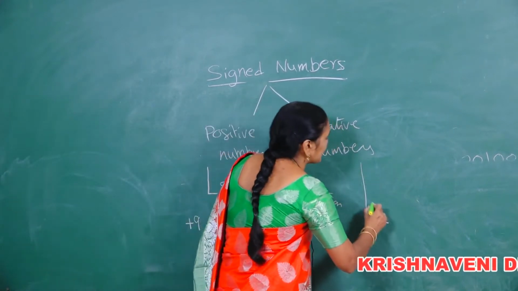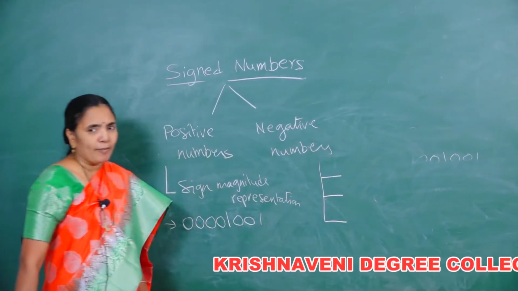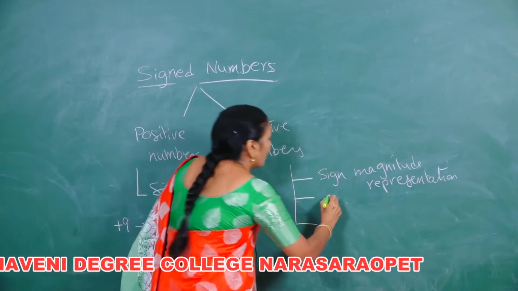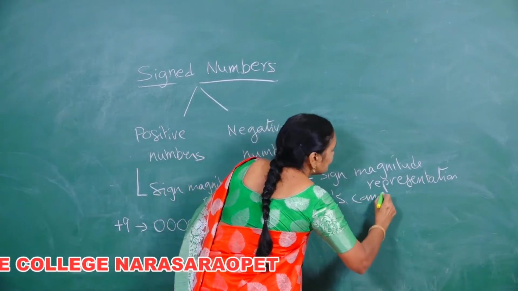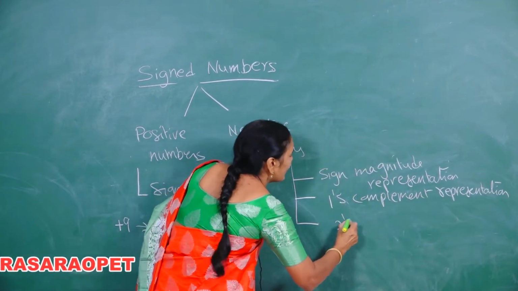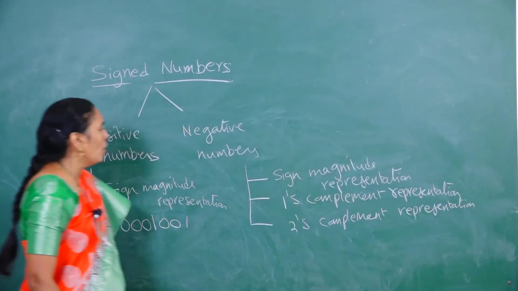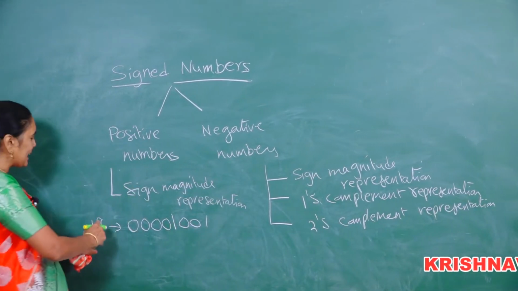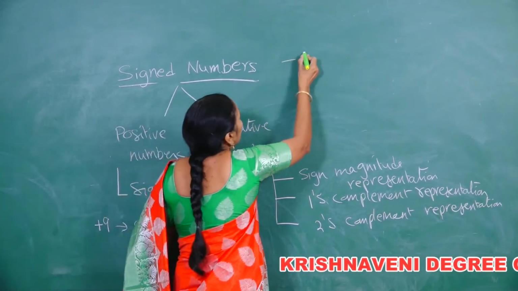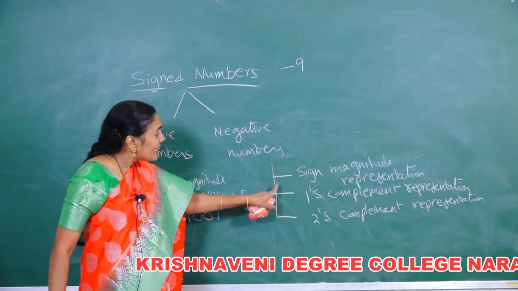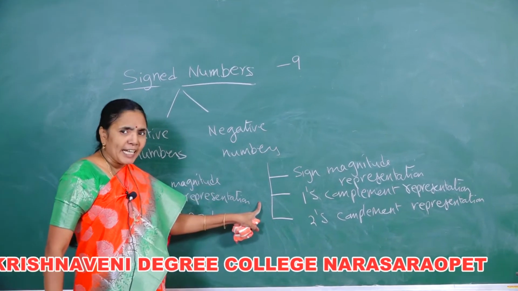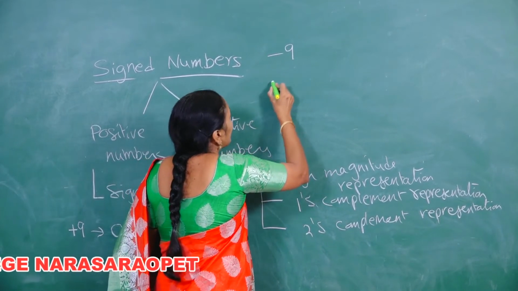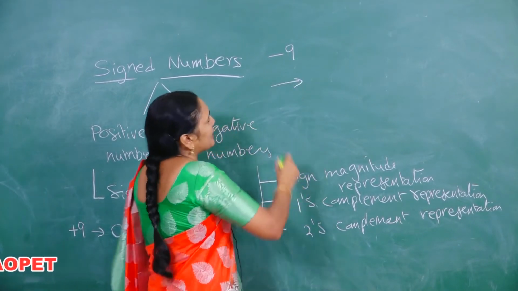But the negative numbers can be represented in 3 ways. That is sign magnitude representation, 1's complement representation, next 2's complement representation. So, now what is the difference between these 3 representations? Let us take the same example. When I want to represent minus 9, I said the negative number can be represented in 3 forms. Then what is the minus 9 representation in sign magnitude representation?